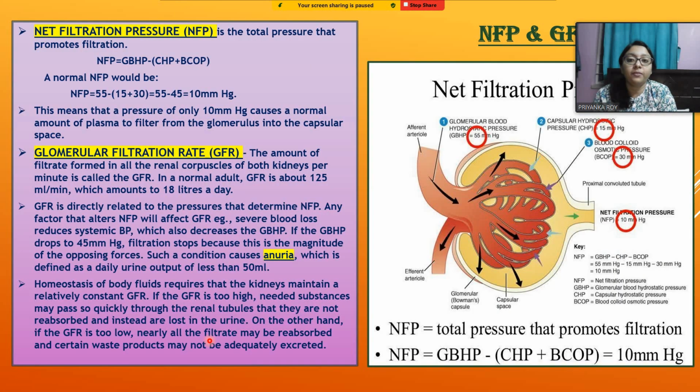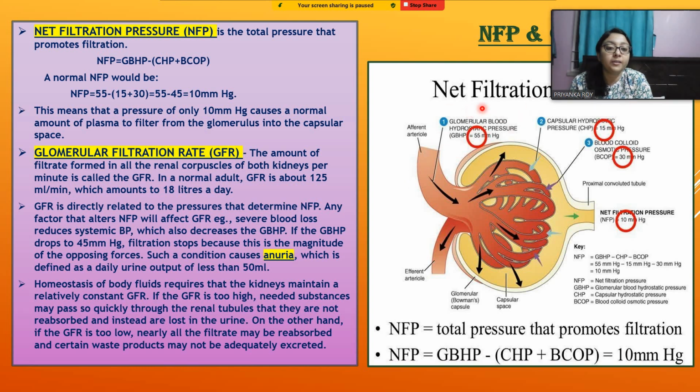Now what is the net filtration pressure? The net filtration pressure will be the glomerular blood hydrostatic pressure minus the capsular hydrostatic pressure, that is, the pressure exerted by the walls of the capsule and the filtrate already present in the capsule, and third, the blood colloid osmotic pressure, which is the pressure of the osmotic concentration of the blood that causes certain water to flow from the filtrate to the blood.